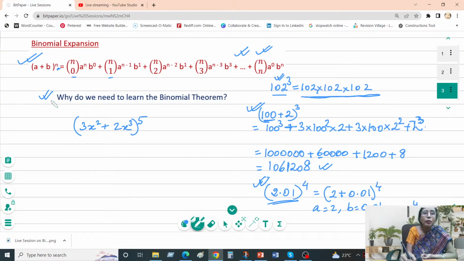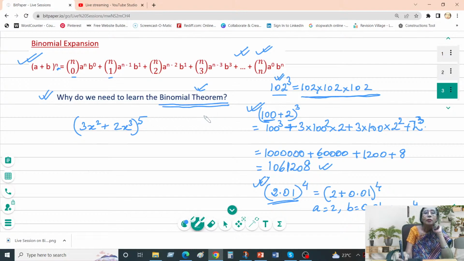You will be using this binomial theorem when you solve questions from the part probability and statistics, which is included in your syllabus. Over there, you will be using the binomial theorem. This is for the IB students mainly.